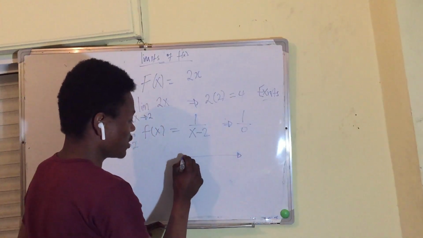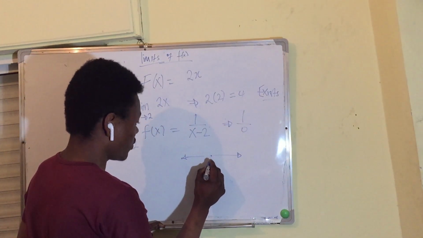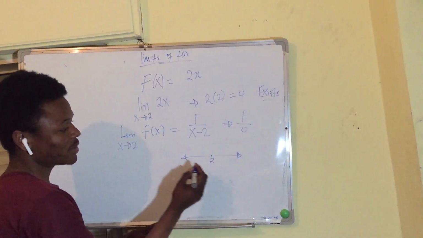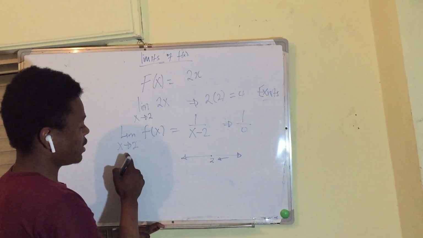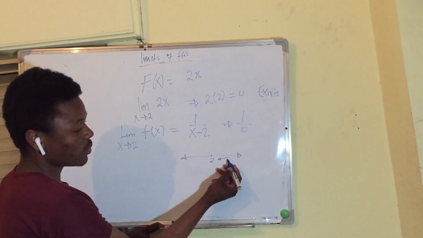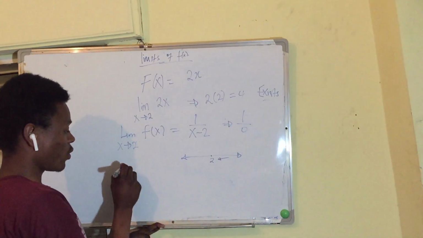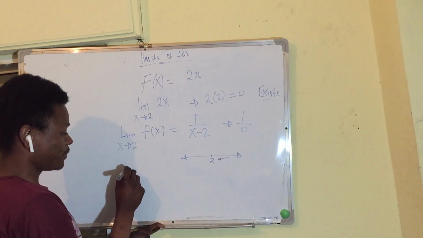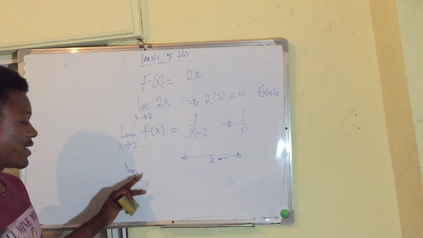For example, now we have this number line. Here is where x equals 2. Let us test the limits then. Let us see what the function does when x approaches 2 from this direction, the positive direction. This is the same as the limit as x approaches 2 plus, from above.